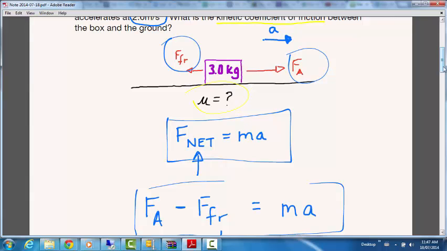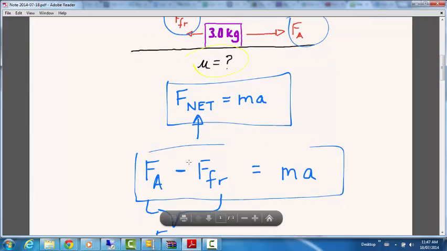So in this case, the net force is made up of the applied force, because that's what's dragging it along, that's what's causing it to speed up or accelerate. And it's also composed of the force of friction, because that's what's preventing it from moving as quickly as it would move if there were no friction.